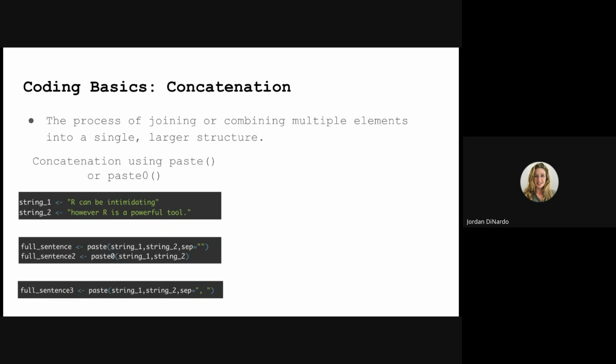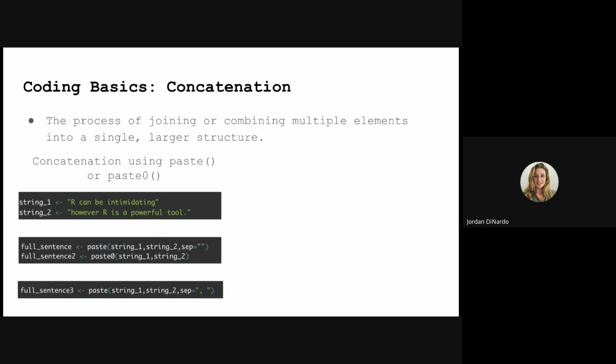If we use the paste function, which we're seeing right here, just paste, no 0, the arguments of paste are some variable 1, some variable 2, and then how you want them to be separated. So what I'm saying is paste together string 1 and string 2, separated by nothing. I'm just using quotes here, and there's nothing in those quotes. Whatever comes after the sep, it has to be in quotes.